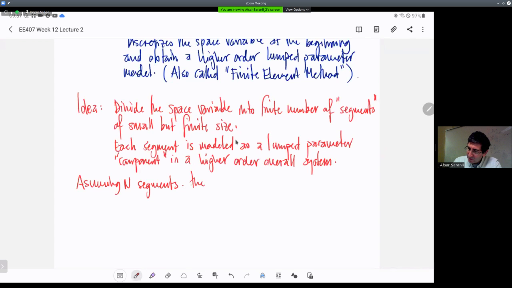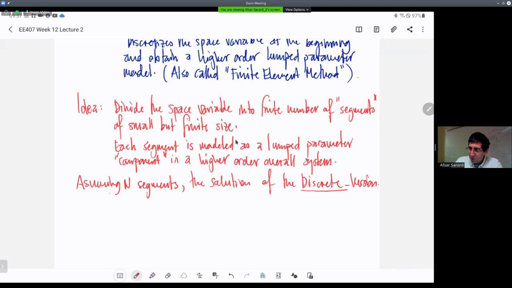So the solution of the discrete version, mind you, when I say discrete version here, we don't mean obviously discrete time, but we mean discrete space. We haven't discretized the time variable, it's still a continuous time system, but we have discretized the space variable.